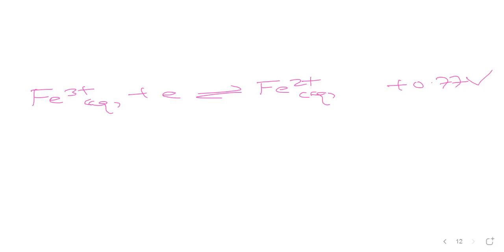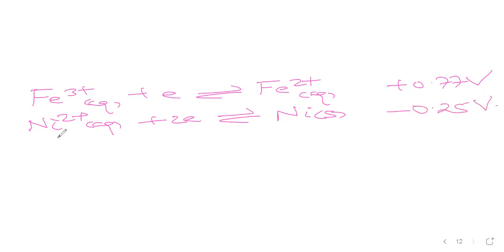I also want to pick the nickel 2 ion giving me nickel metal. The electrode potential for this kind of reaction is negative 0.25 volts. I want us to get a clue from the two equations given by this note.